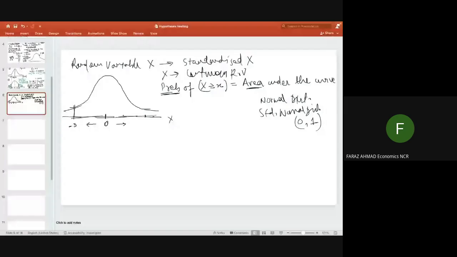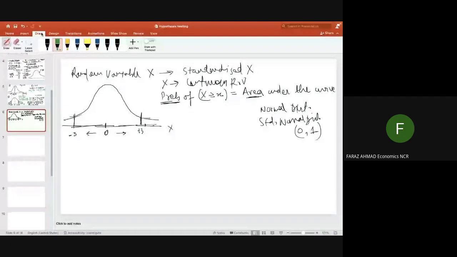So for example, if we take a value, for example 3, so 3 is here, and we can have a -3 and we can have a +3. On the left side, we can have a -3. On the right side, we can have a +3.